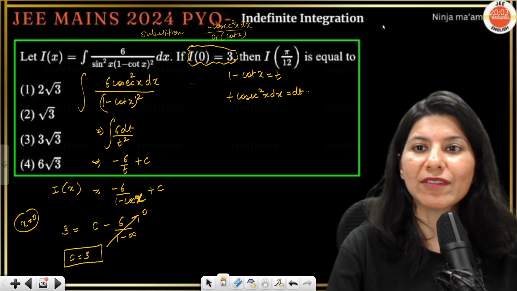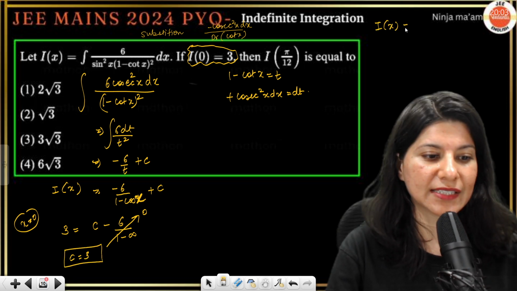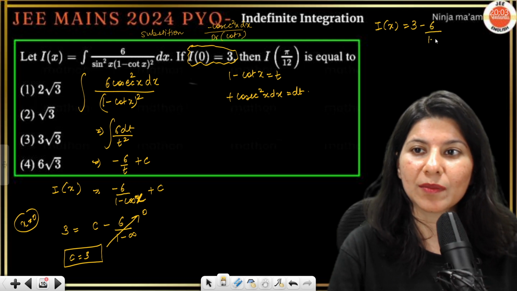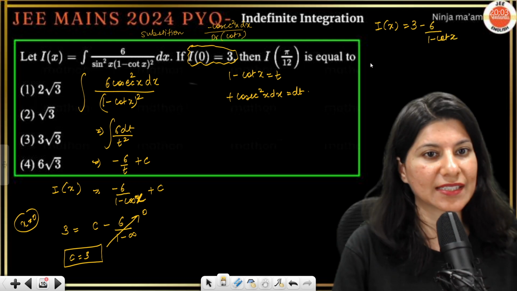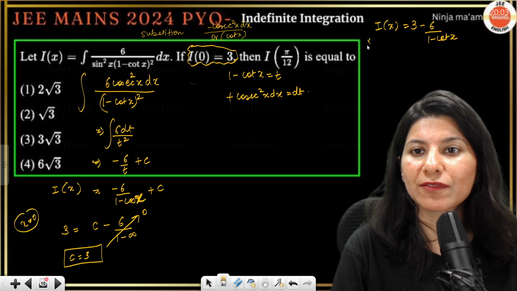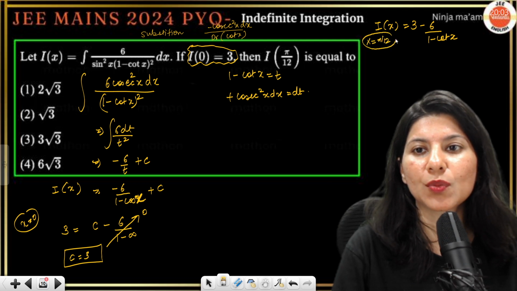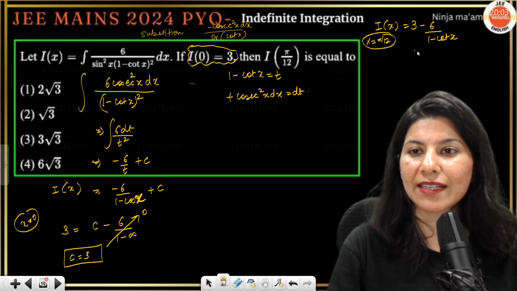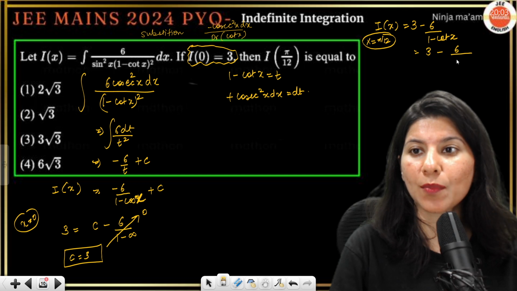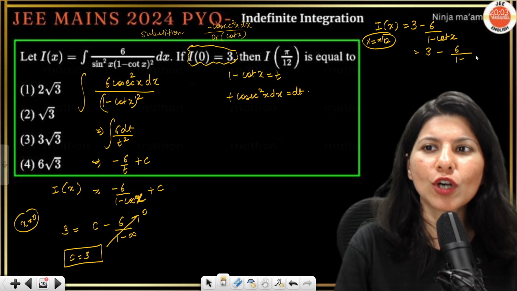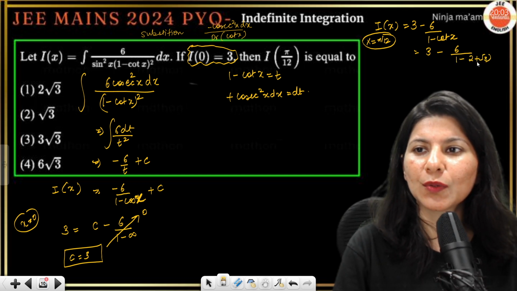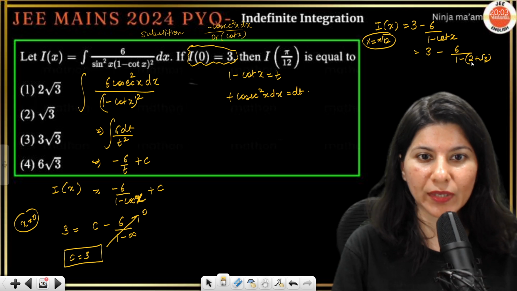Okay, so now you have a full-fledged function I of x, 3 minus 6 upon 1 minus cot of x. That's it. Now I of pi by 12, so x equals pi upon 12. That is going to give you 3 minus 6 upon 1 minus cot 15 degrees, which is 2 plus root 3.